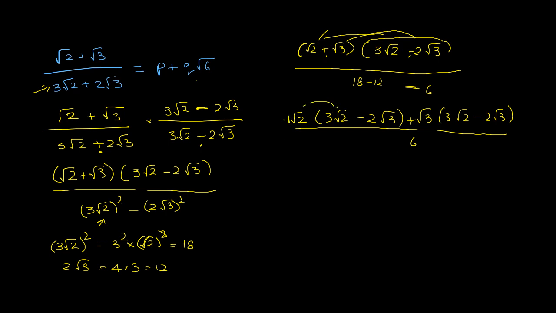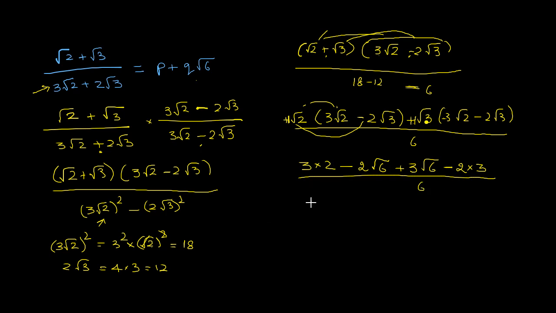Nothing is there, it's 1, and also the sign is plus. 3 into 1 is 3, root 2 into root 2 is 2, plus into minus is minus, 2 into 1 is 2, root 2 into root 3 is going to be root 6. Plus into plus is plus, nothing is there, it's 1. 3 into 1 is 3, root 3 into root 2 is root 6, plus into minus is minus, then 1 into 2 is 2, root 3 into root 3 is square root of 9, which is 3, divided by 6.